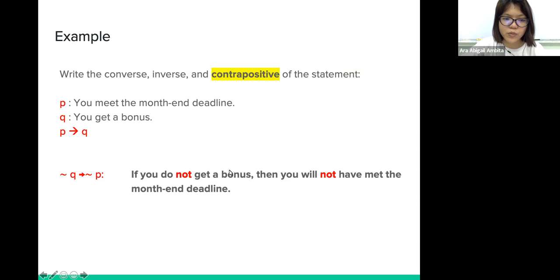So if you do not get a bonus, then you will not have met the deadline.